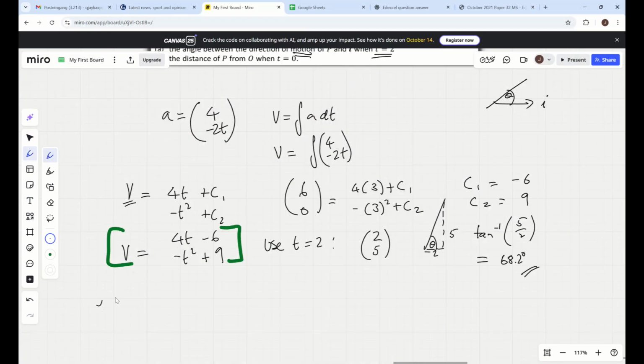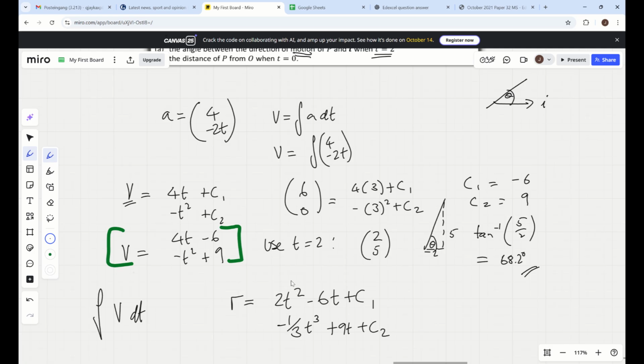So if I integrate v with respect to time, I'm going to get the displacement equals what? 2t squared minus 6t, and let's put C1 there. And on this one, I'm going to get minus a third t cubed plus 9t plus C2.